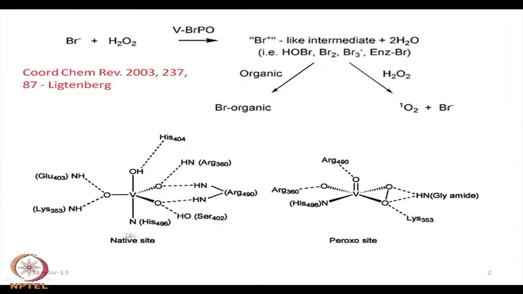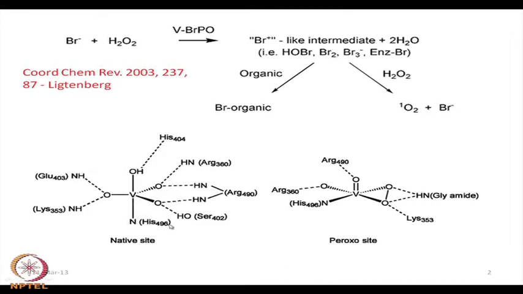The same thing is happening here: the imidazole nitrogen from the histidine residue of the protein chain is very useful for showing strong interaction with this vanadium. So, this vanadium nitrogen bond is established, and that basically controls the reactivity pattern of the entire system.